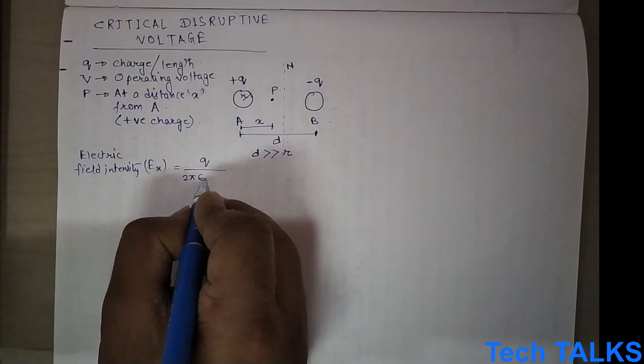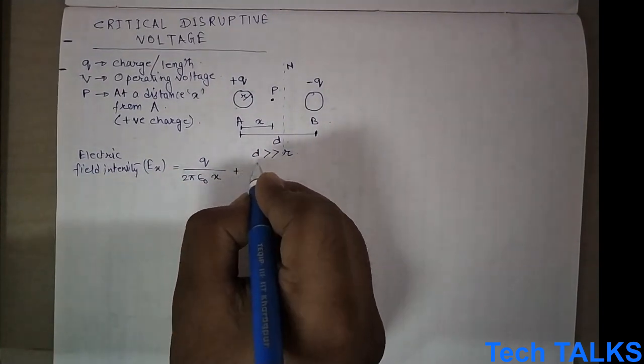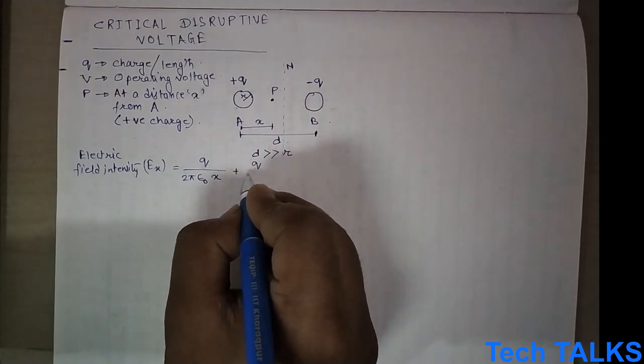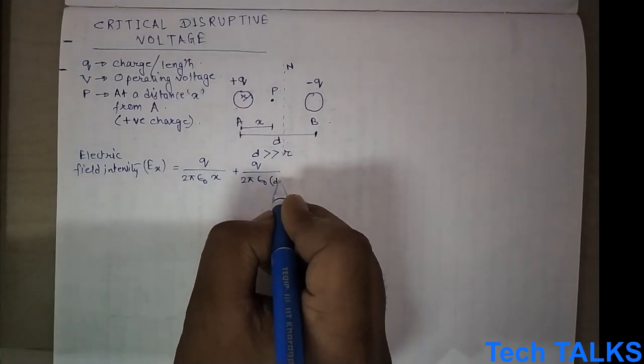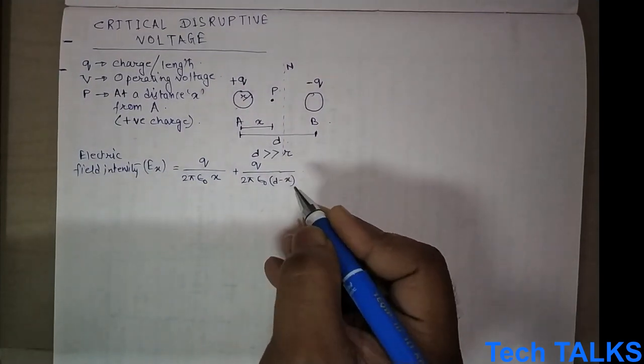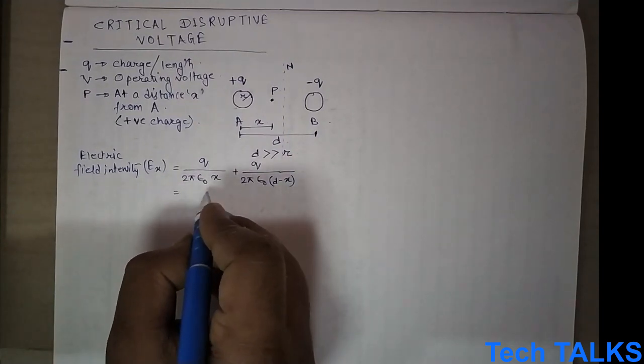So this comes to q by 2 pi epsilon naught (1 by x plus 1 by d minus x). Now this is Ex.